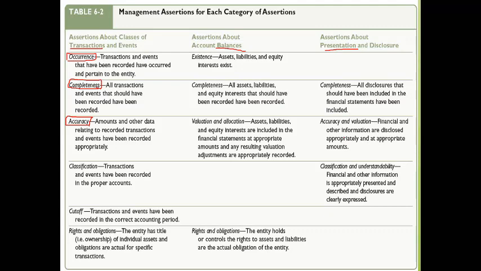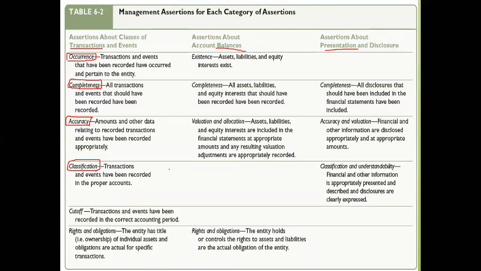Okay. Classification. Is the transaction having a classification? Yes. We talked about transactions and events being recorded in the proper account. How to determine the proper account? In the previous step we discussed that we have 6 journals and each journal includes transactions of a specific type.